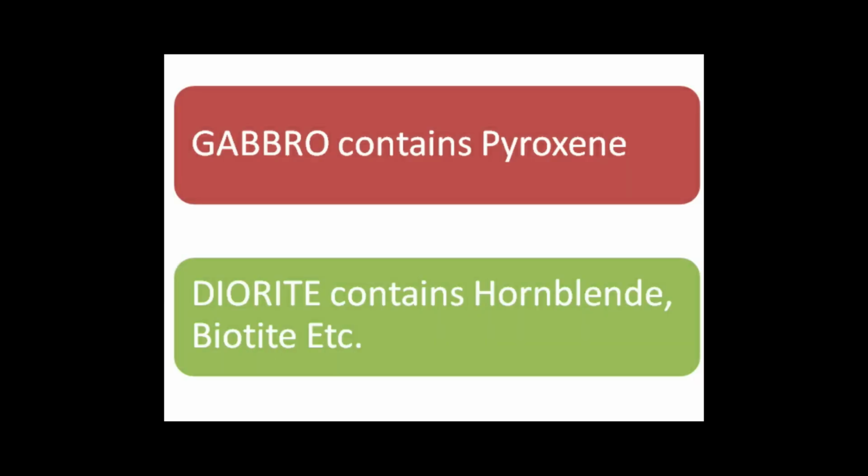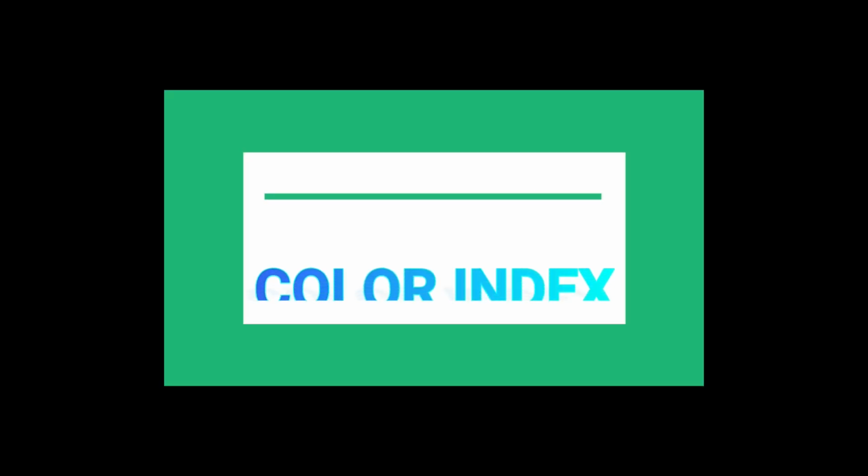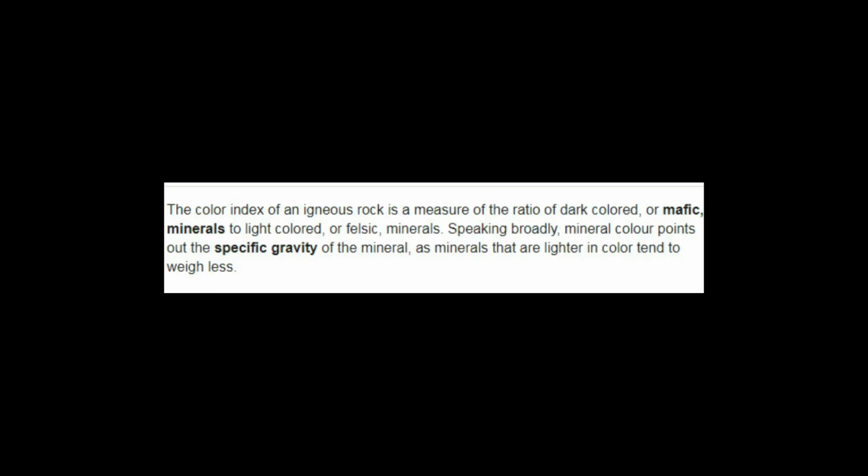Moving on to the next difference. The next difference lies in their mafic mineral composition, that is, the type of mafic minerals present in them. Gabbro contains pyroxene, whereas diorite contains hornblende, biotite, etc. The next notable difference between diorite and gabbro is their color index. Color index is the ratio of mafic minerals to felsic minerals present in a rock.